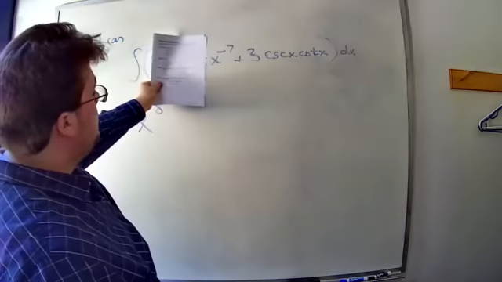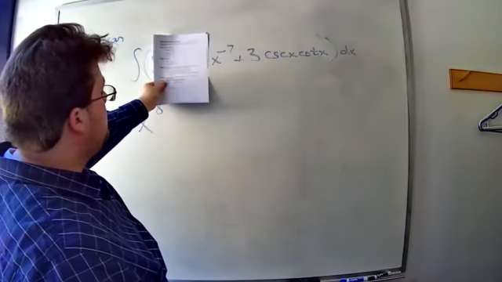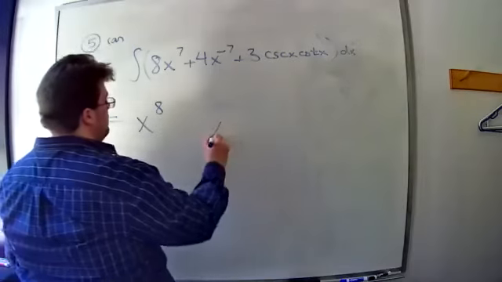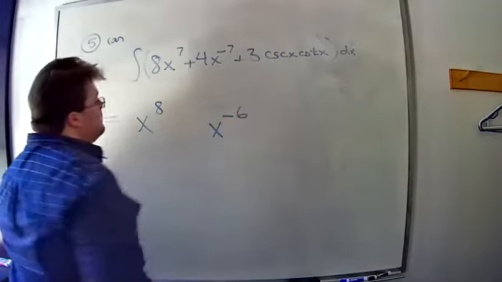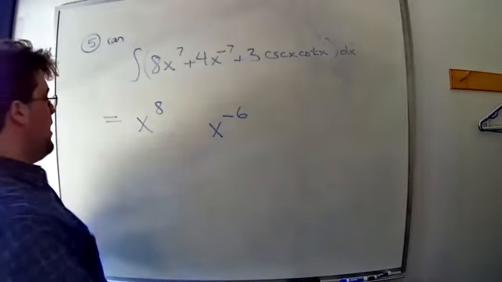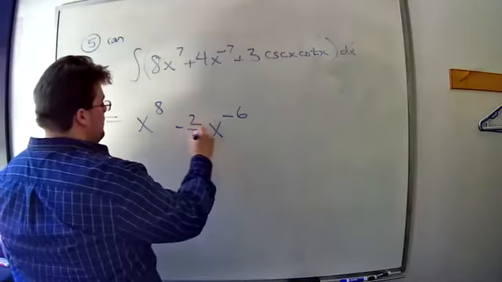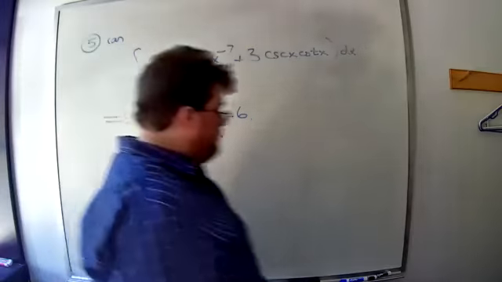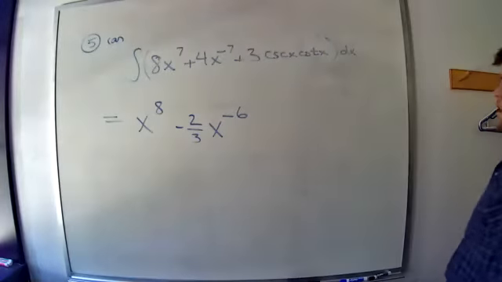Next, exponent is negative 7. Negative 7 plus 1 is negative 6. So you get x to the negative 6. Divide by negative 6. 4 divided by negative 6 is negative 2/3. Now cosecant x, cotangent x.